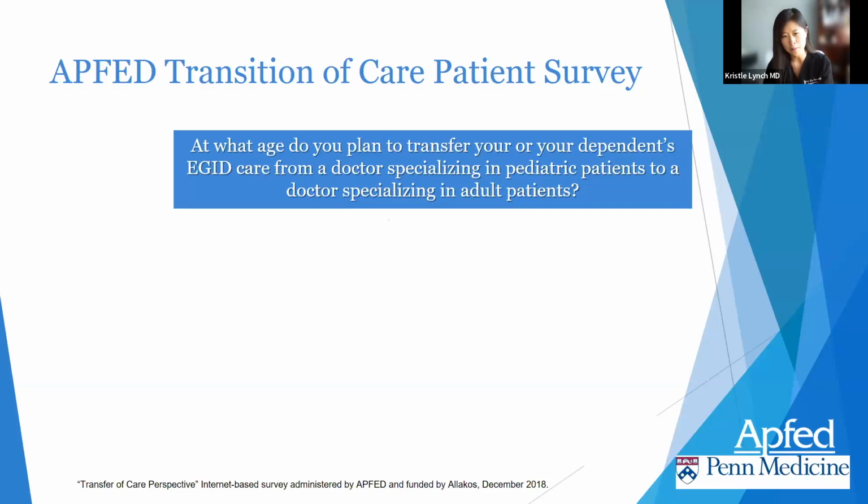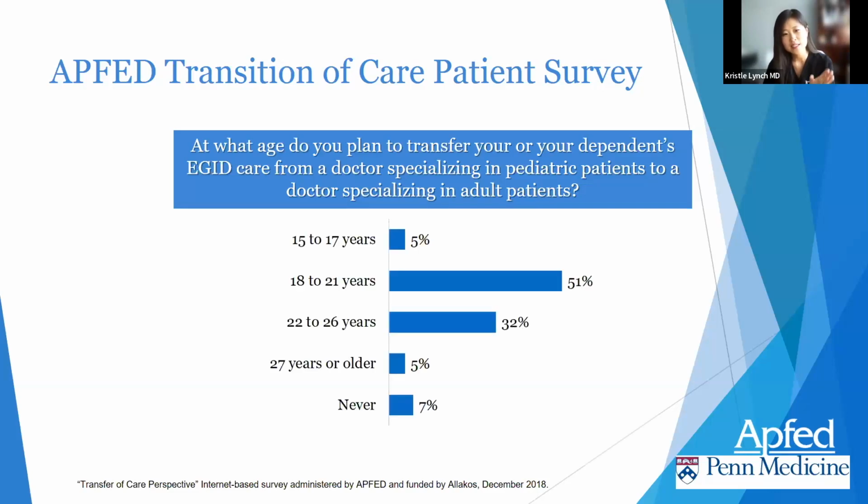I'll let you think about it. The majority of patients responded between 18 and 21 years old. And so they planned to transition their care when they were between 18 and 21 years old. And it looks like about over 80% of the patients total were in the age range planning somewhere between 18 and 26 years old.